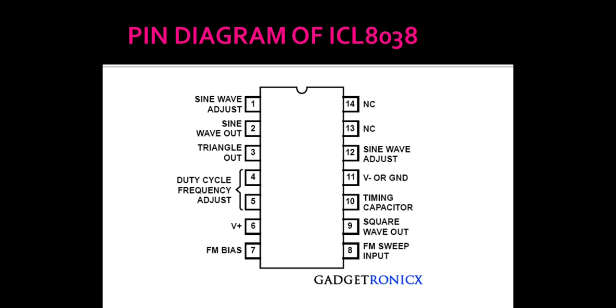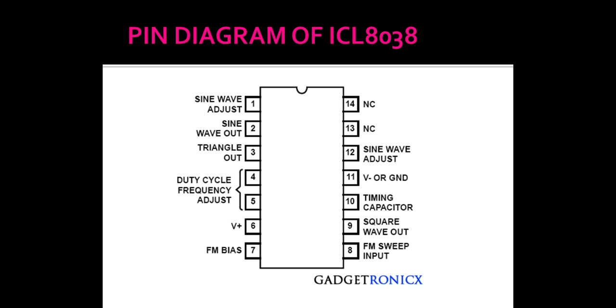And in addition to that, we have 4 adjust terminals. Pin numbers 1 and 12 are for sine wave adjust, and pin numbers 4 and 5 are for duty cycle adjust. Sine wave adjust means whenever there is a distortion in the sine wave, it has to be adjusted.